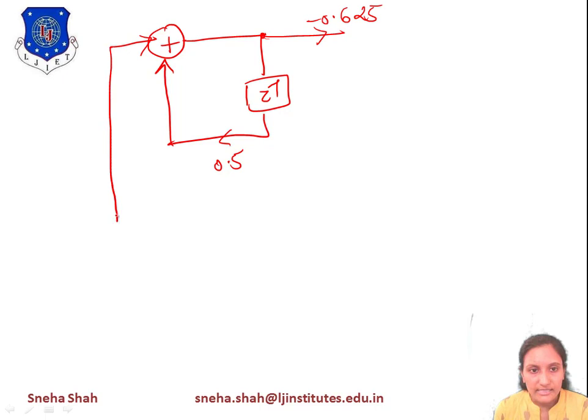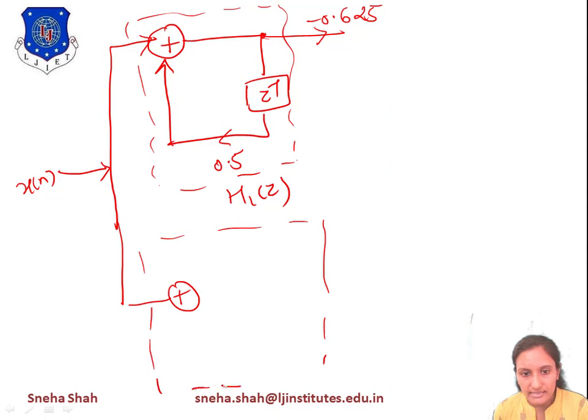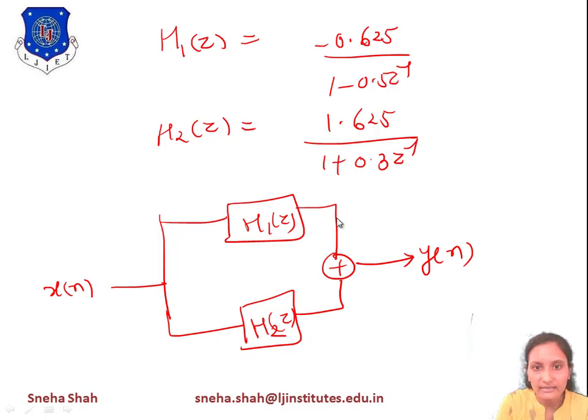Now similarly, this input signal x of n is given to the h2 of z. This one is h1 of z, right? Now we will apply the same thing on the h2 of z. In the h2 of z we will represent a z inverse. This gets added with plus, and over here the value is minus 0.3 because we have taken plus 0.3.